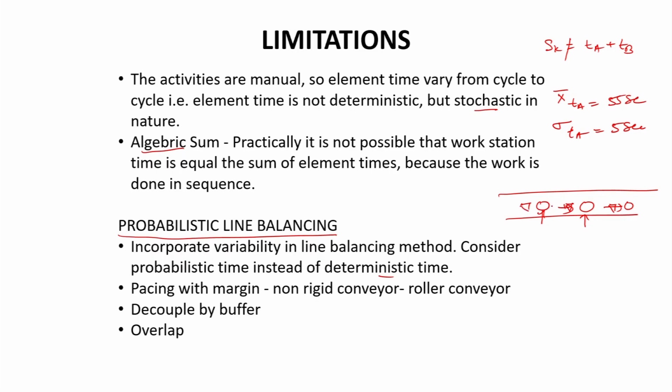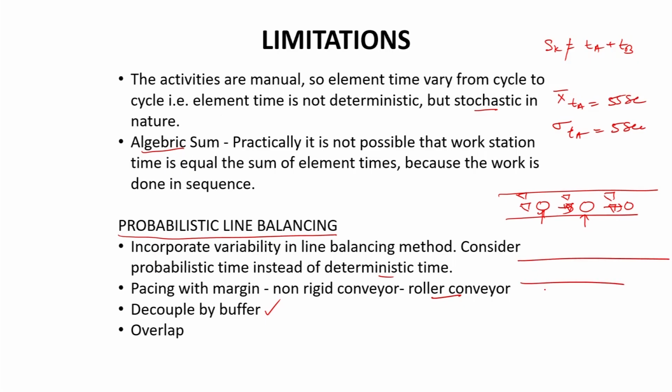So, rather than having a hard conveyor, we can have a soft conveyor with the help of rollers rather than a belt conveyor. That is also possible, and we can decouple it; we can keep an inventory in between the stations, so they are not dependent on each other. Or there may be overlap also, that is also followed.